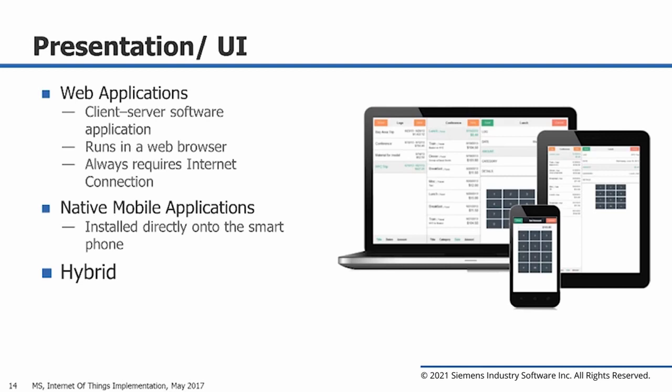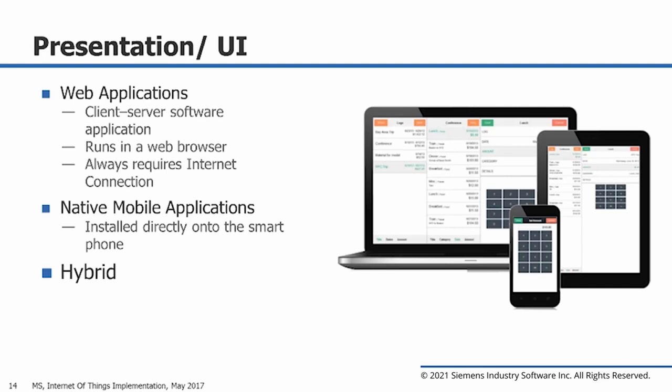Presentation or user interface for IoT system is done via web or mobile applications. This is the interface where humans actually interact with the system either to configure or monitor or to add input or to visualize results. Web applications are basically the type of application that run in client browsers. So they scale pretty well from smartphones to traditional desktops or PCs.